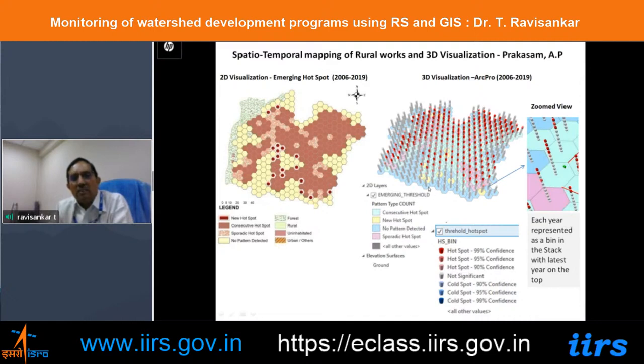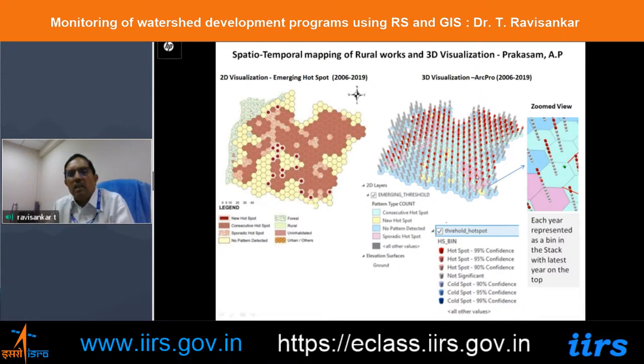And the base, what you are seeing, yellow, blue, and these light green, they are nothing but consecutive hotspot areas. New hotspots are yellow bins, and light blue is no pattern detected, sporadic, and all other values. If you take any one particular cube, wherever these red color things are there, these are the hotspots of the latest years. And the lower ones are the lower time scale.